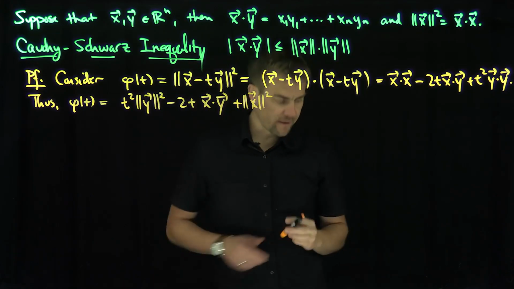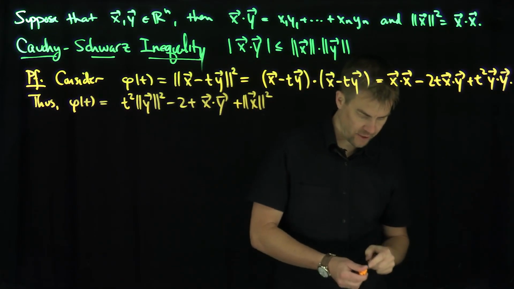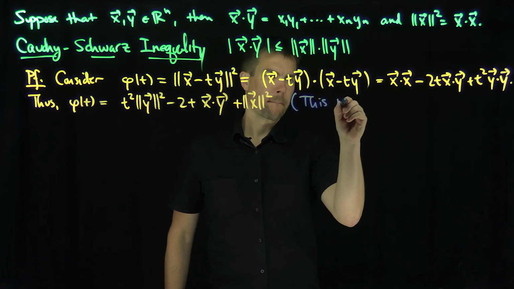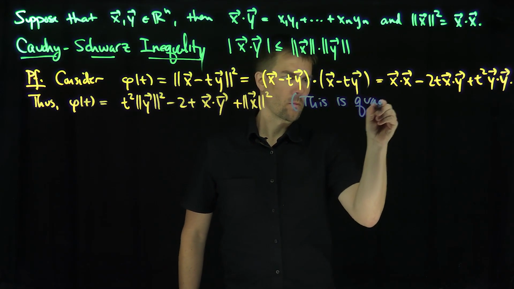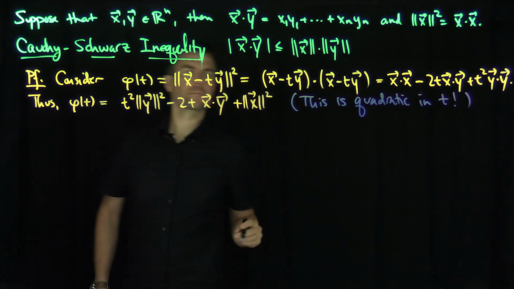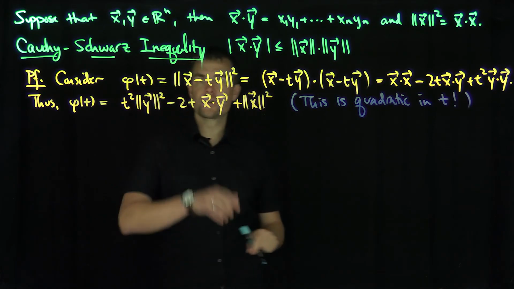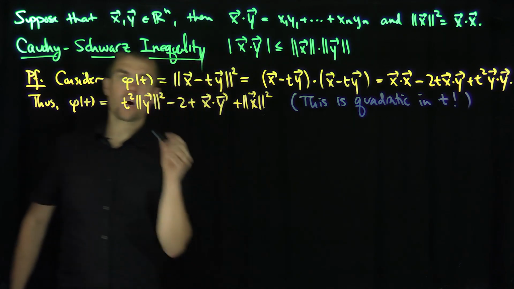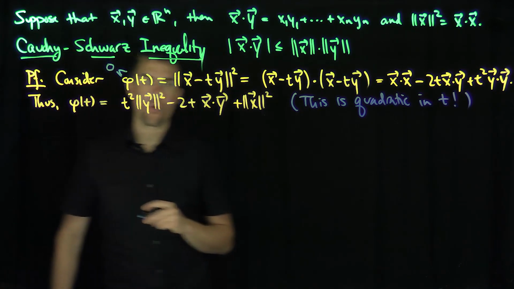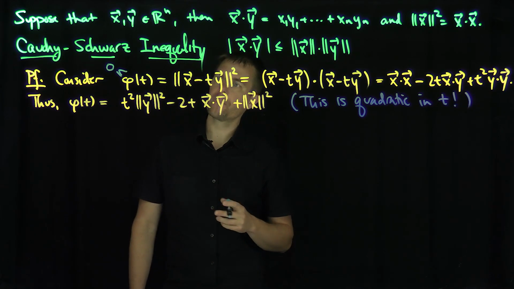The key is that this expression is quadratic in t. And moreover, since it's a norm squared, this function is always greater than or equal to 0, because norms are greater than or equal to 0.